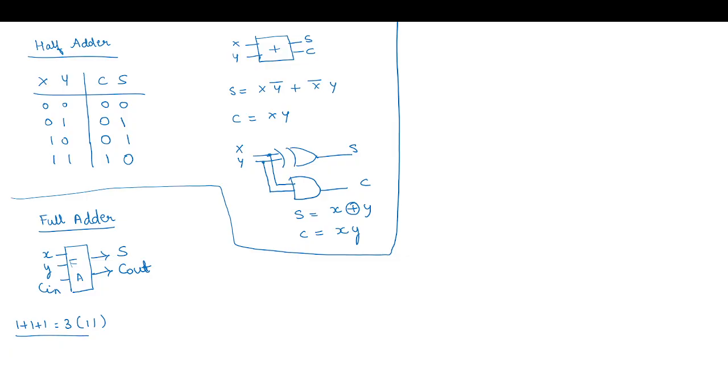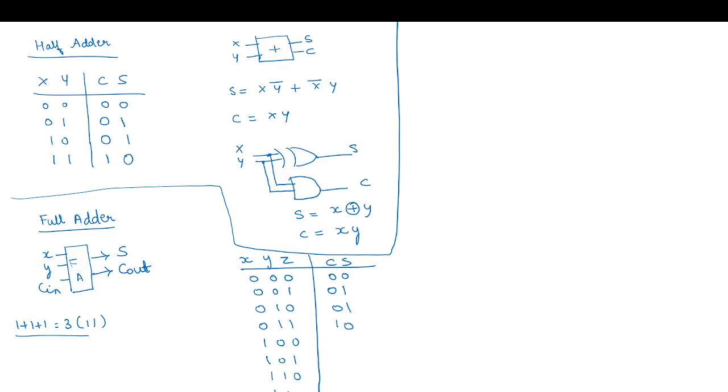Now, what is the truth table for the full adder? We have 3 bits, so total 8 combinations, 0 to 7. So 0 plus 0 plus 0 is 0, and this is decimal 1, decimal 1, decimal 2, decimal 1, decimal 2, 2, and this is 3.